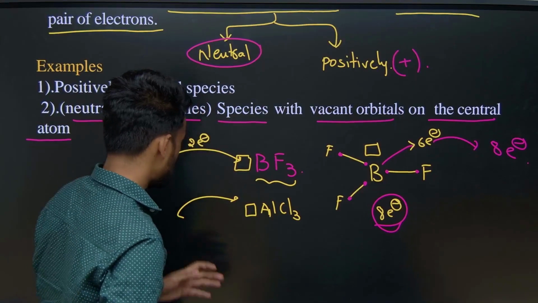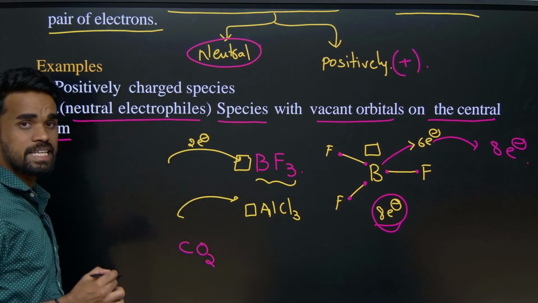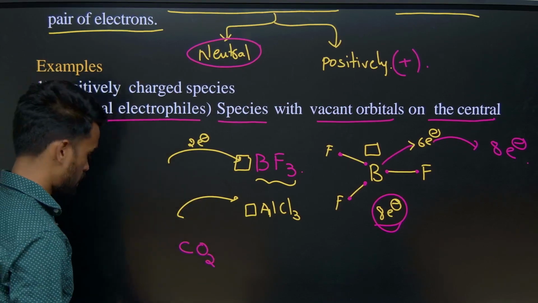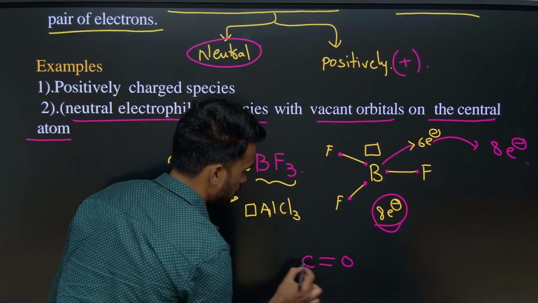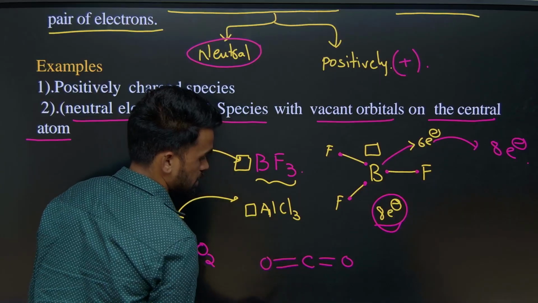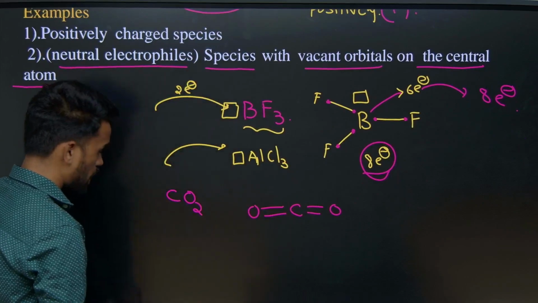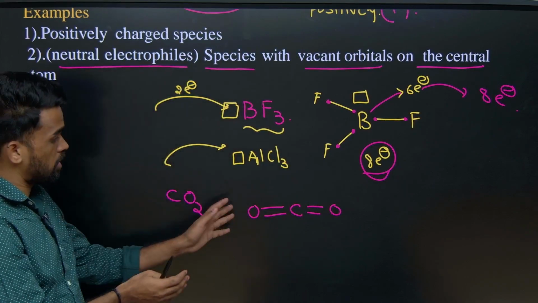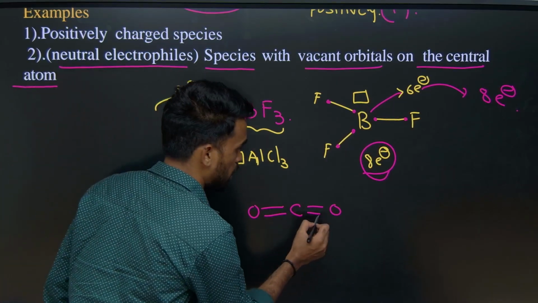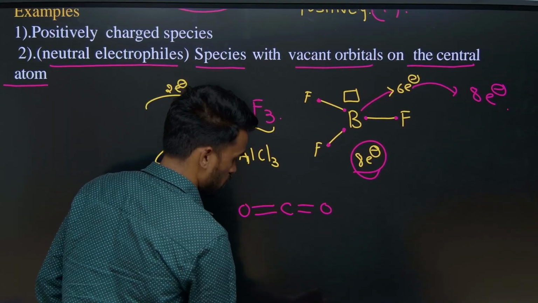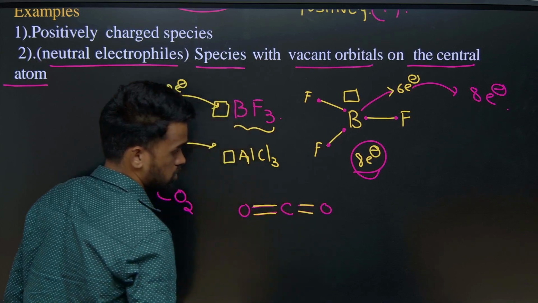Now see one more example I am writing, CO2. Tell me whether it is an electrophile or a nucleophile. On carbon, how many oxygens are attached? One oxygen on this side and another oxygen on this side. Which is more electronegative? Is there any charge on the carbon dioxide? No charge is present. But the bonded atoms here are a double bonded oxygen on each side.